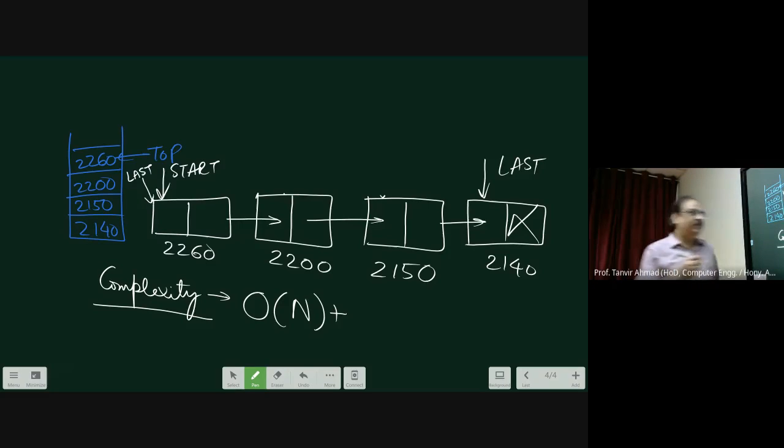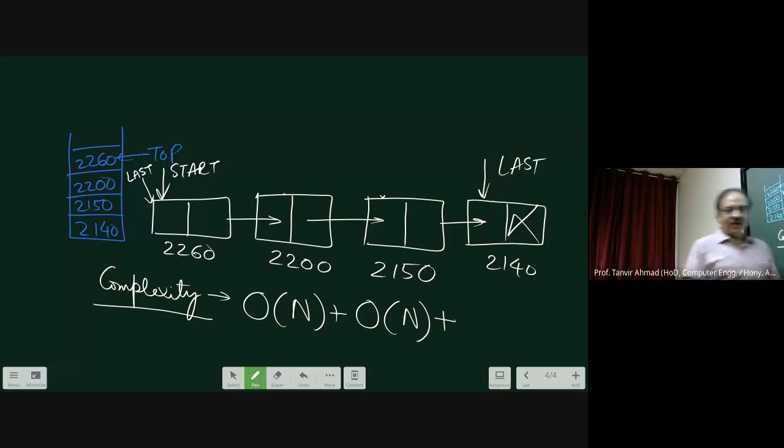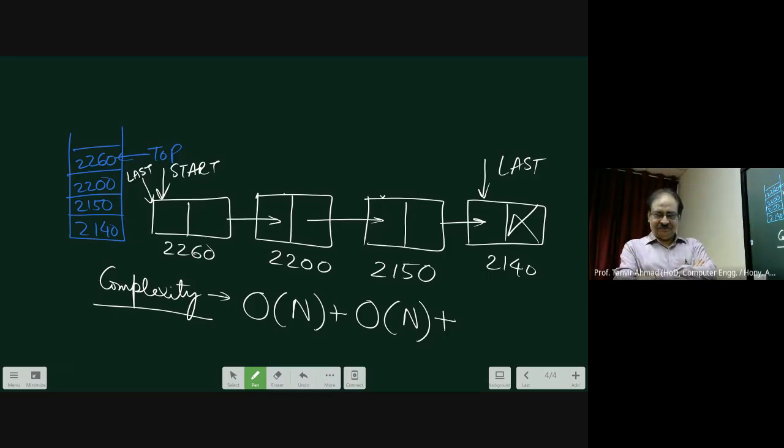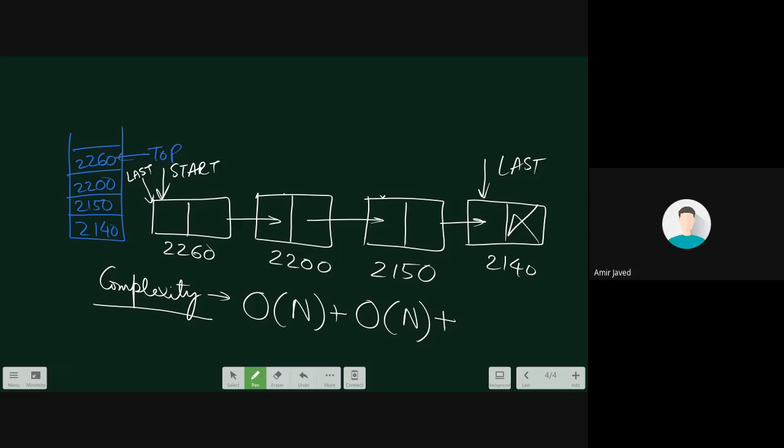Once you're going to pop the elements from there, it's order of n. Now tell me, अब इसके आगे क्या होगा? Sir, O of 1.